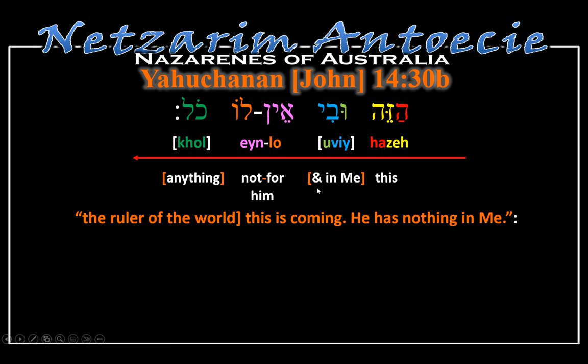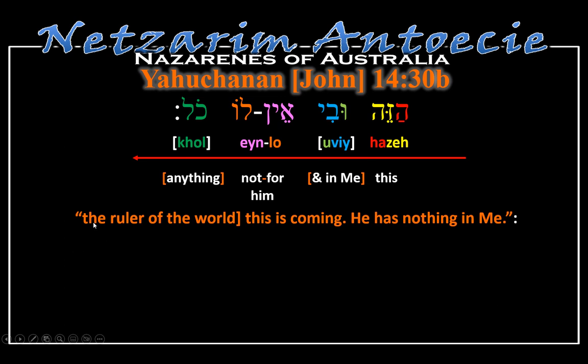Uvi, and it means and, in me. V meaning in, that's a vet, and Yod is me. Ayin meaning not. Lo for him or to him. Kol. Now kol can mean all or it can mean anything or the entire, right? So anything suits it.